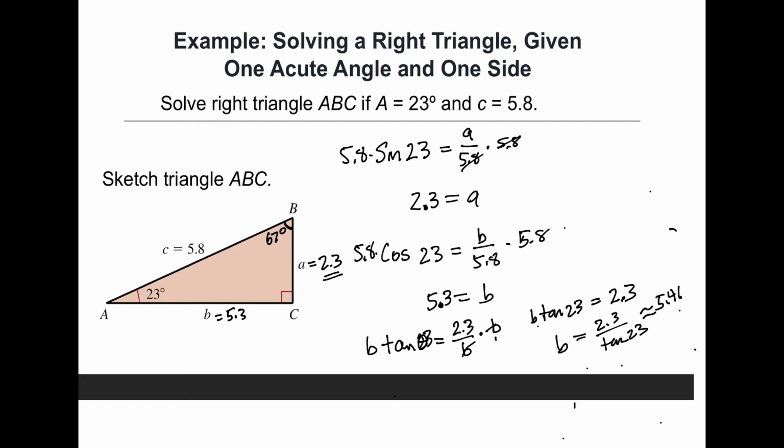That was 2.3, but 2.3 was rounded, and then the cosine was 5.3, but that was correct. Yeah, so you could see that because these are both rounded numbers and I'm using them to get the tangent, they're coming out slightly different, and that's okay. These are all rounded values. But since I found the lengths of all the sides and all the angles, I've solved the triangle.